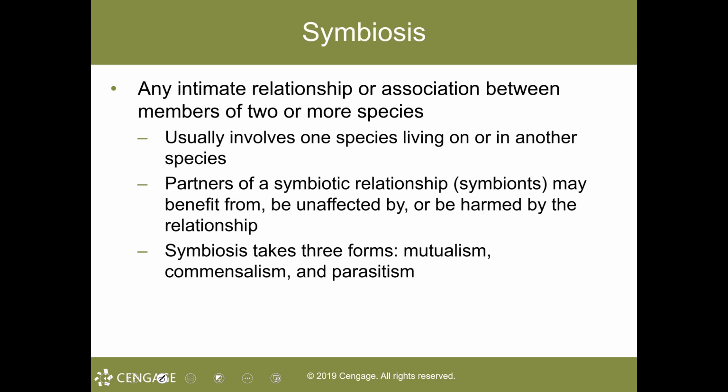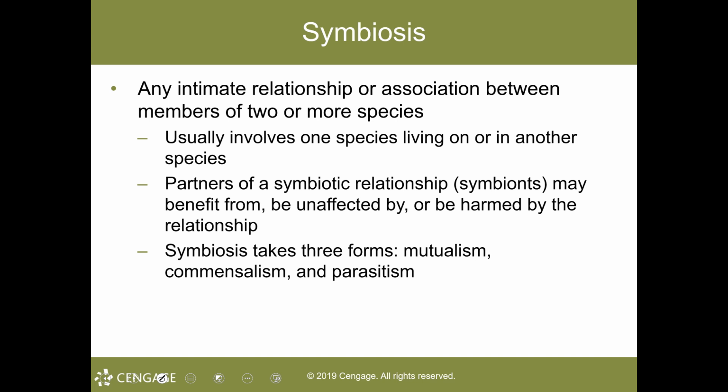Up next, class, we get to symbiosis. Symbiosis involves close associations between species. This is any intimate relationship or association between members of two or more species, and it's typical for symbiosis to involve one species living on or in another species.